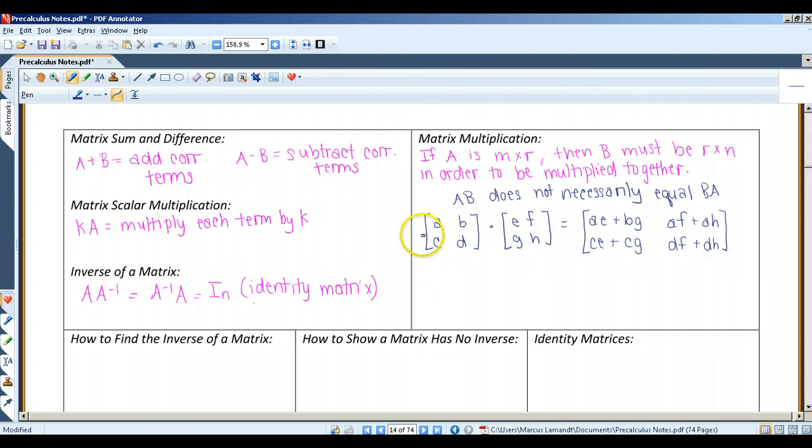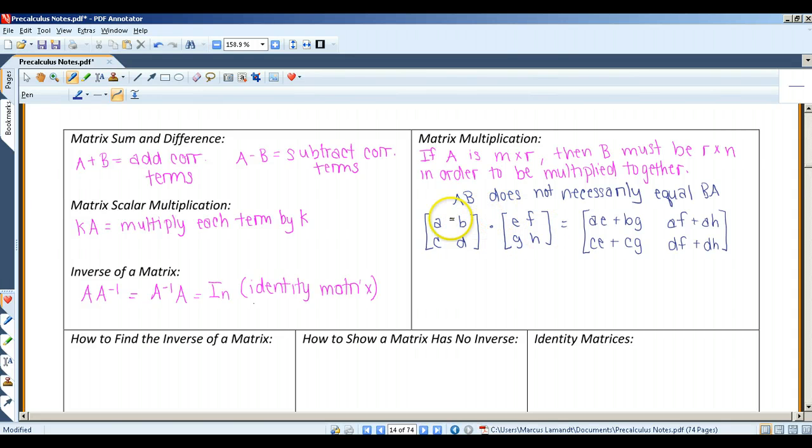Alright, I gave a very small example. If you were to multiply this 2x2 matrix by this 2x2 matrix, it would be A times E plus B times G, so the first row and the first column, and that would give you the first term in row 1, column 1.